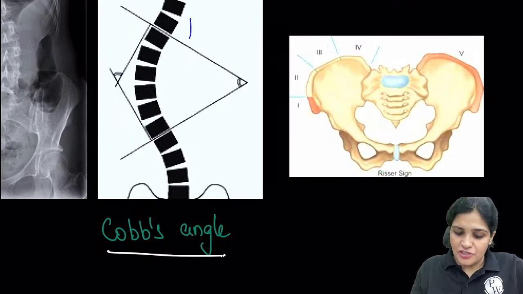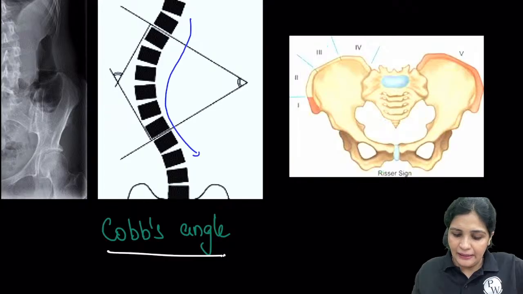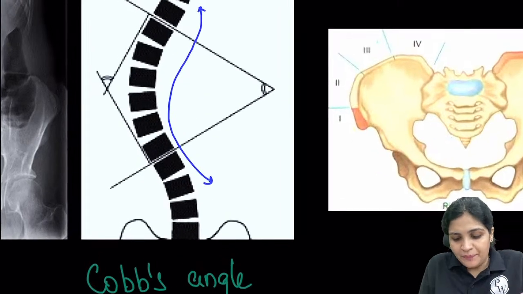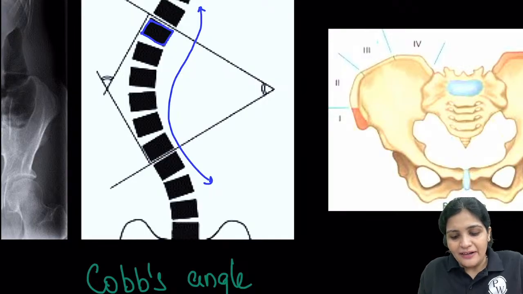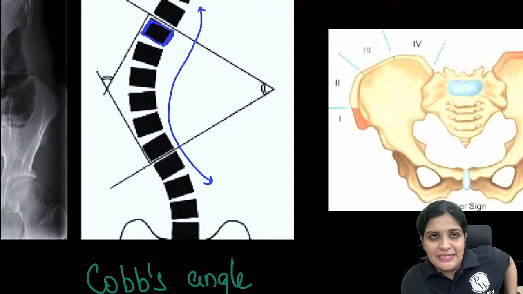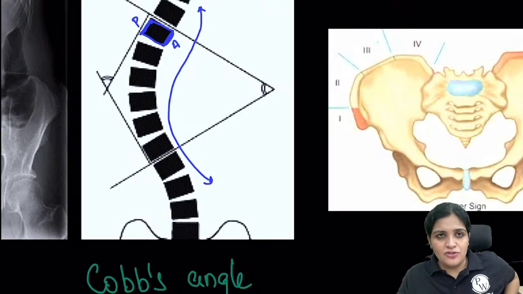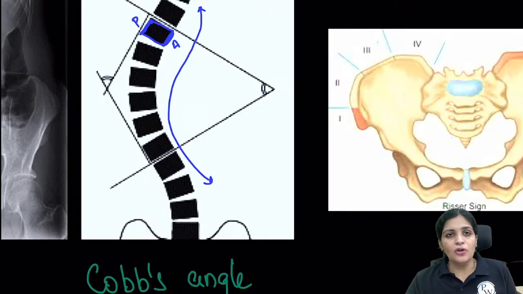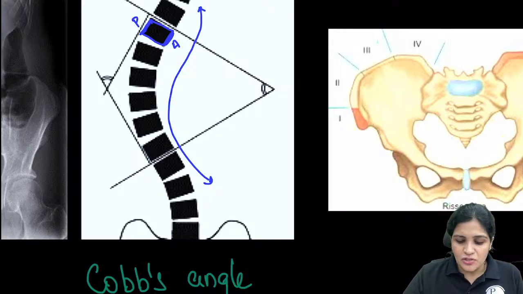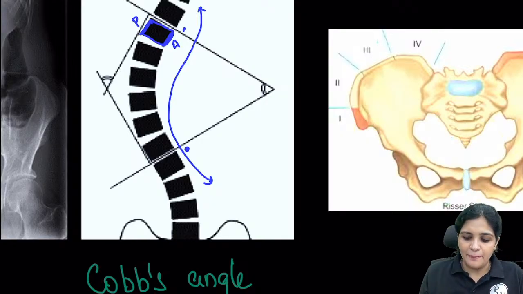You have to identify the apex vertebrae. I have identified this as the apex vertebrae. How do I identify? You will see the vertebrae, and usually if both the vertebral end plates, this is the anterior and this is the posterior, are of the same height, that is called the apex vertebrae on both the sides. So this is one apex vertebrae, this is another apex vertebrae.